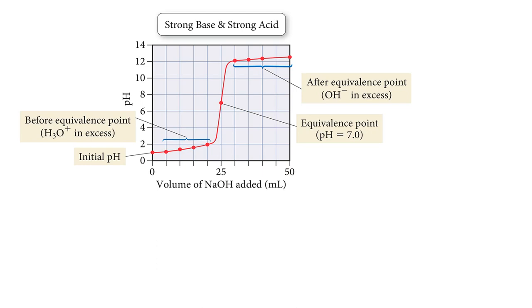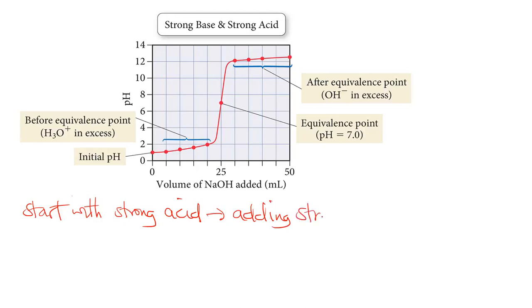In this type of curve, we have a strong base and strong acid. We are starting with a strong acid, and then to that strong acid we are adding a strong base.